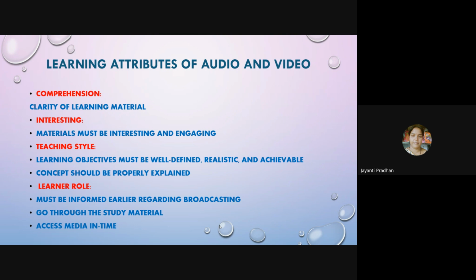Like you, if we are planning to broadcast any program, suppose an educational technology program, then before that we must inform you all so that you can go through the study material, access the media in time, and listen to the broadcast for your clarification.